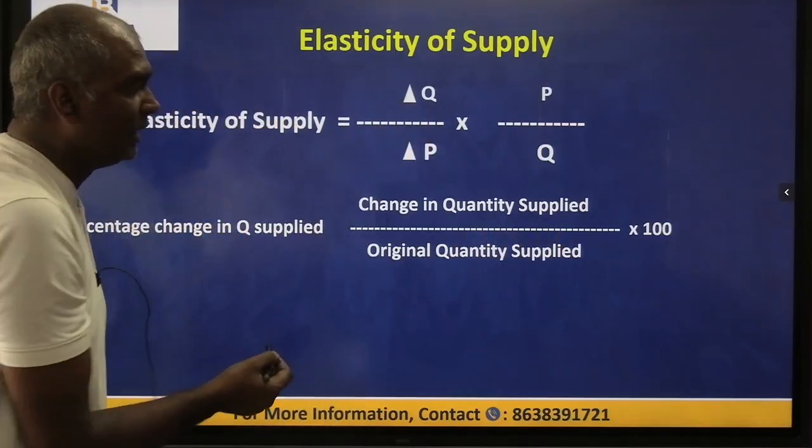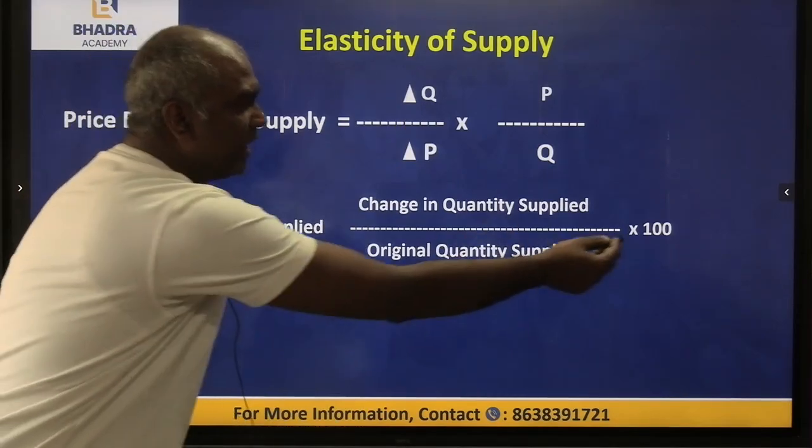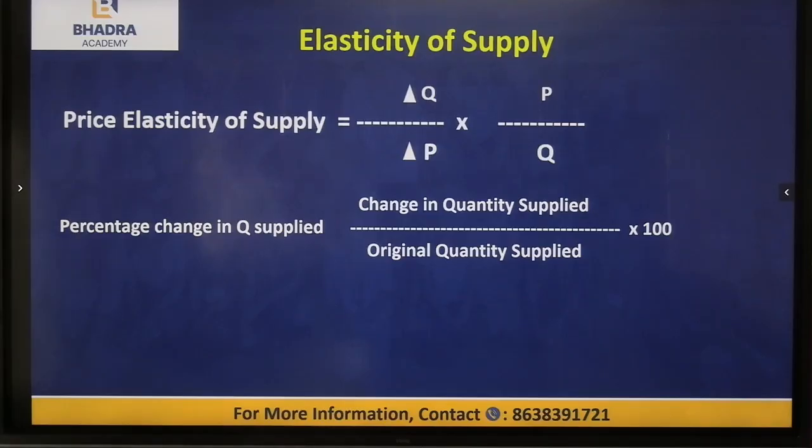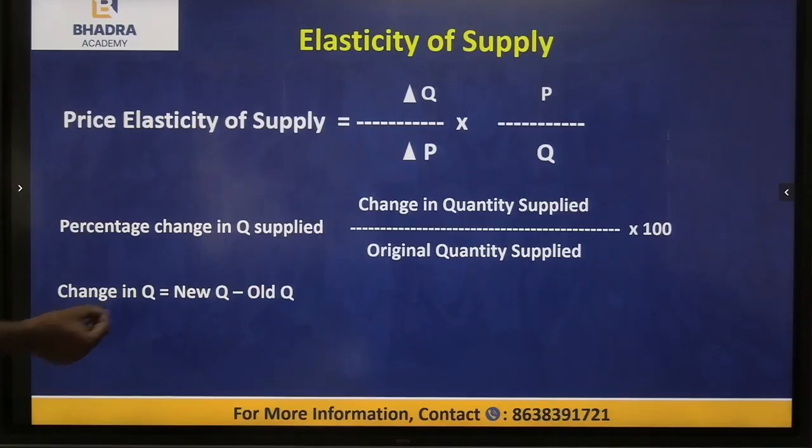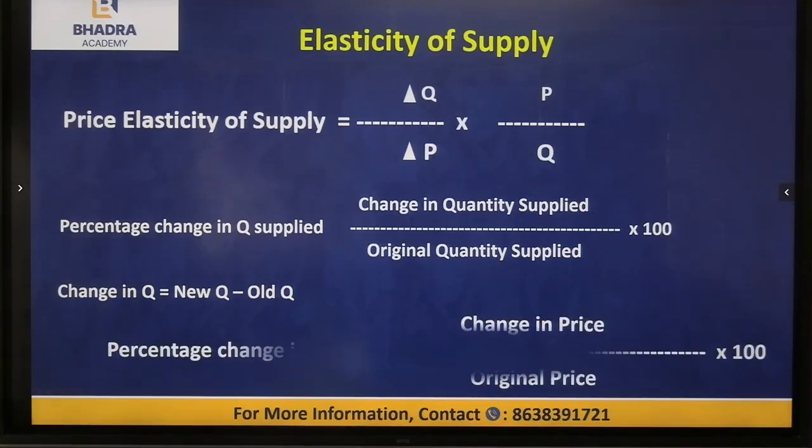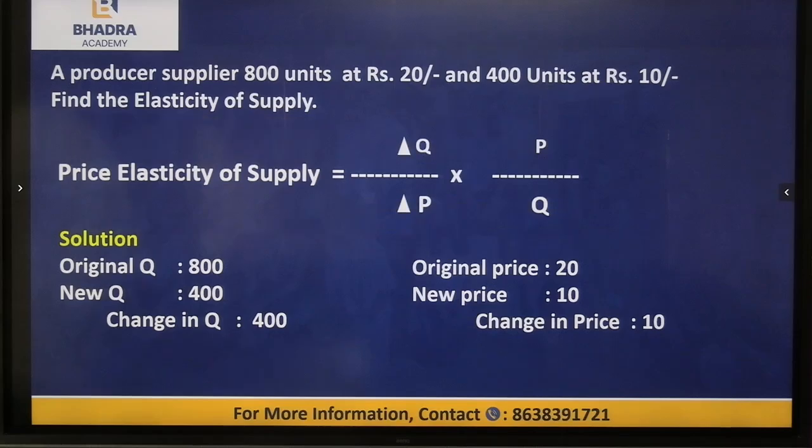The del Q divided by original quantity supplied, multiplied by 100, gives you percentage change in Q. The change in Q, that is del Q, you can find by new Q minus old Q. Similarly, percentage change in price is the change in price divided by original price multiplied by 100. Clear? Now we can apply this formula with a problem.